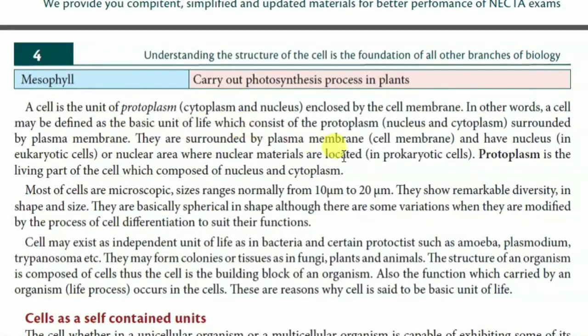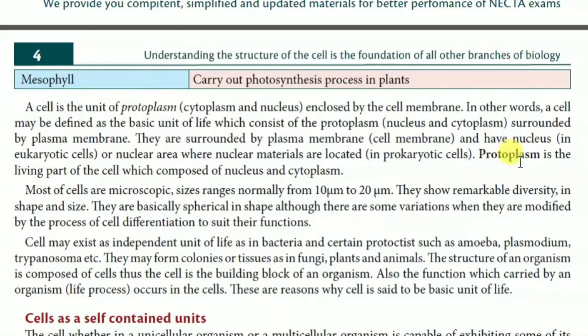So they are surrounded by plasma membrane or cell membrane and have a nucleus in a eukaryotic cell, or they have a nuclear area where the nuclear material is located in a prokaryotic cell. So in a prokaryotic cell we don't have a nucleus, but we have the nuclear area. Tunakuwa na eneo fulani ndani ya cell ambako genetic materials zinakuwepo, tunaita kama nuclear area.